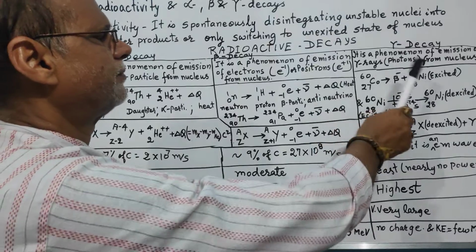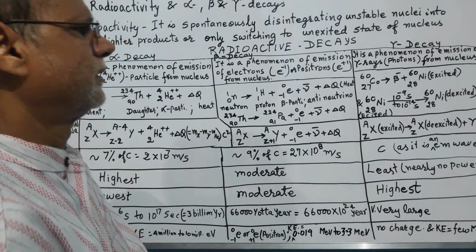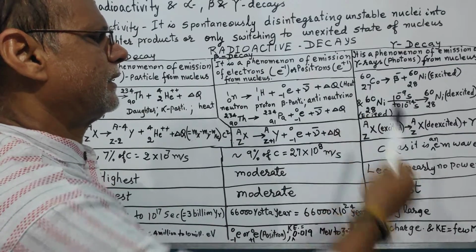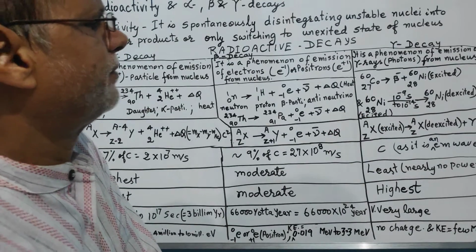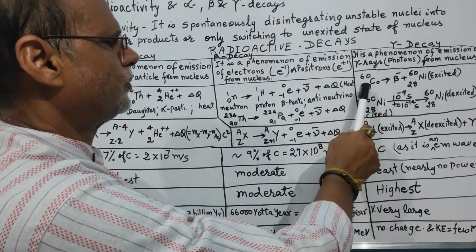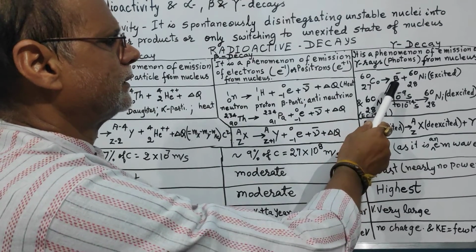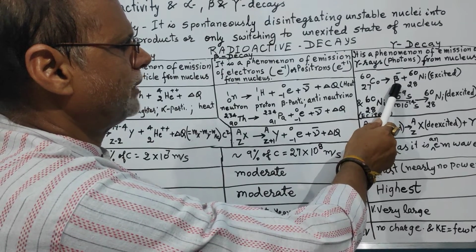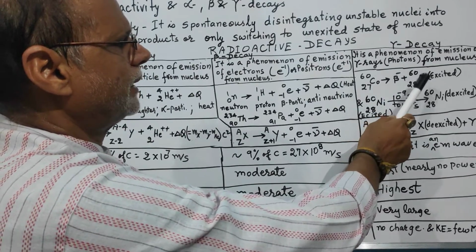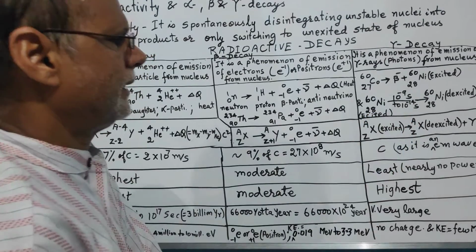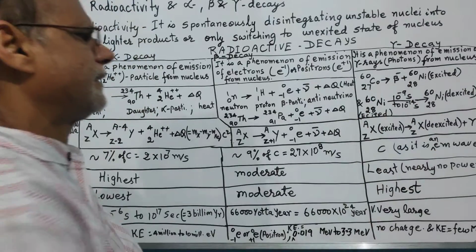Now in case of gamma decay, what happens? We take a typical disintegration in which cobalt-60, atomic number 27, disintegrates to release a beta particle, plus nickel-60 with atomic number 28 in excited state.